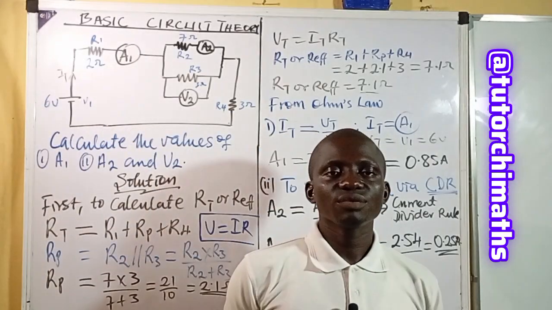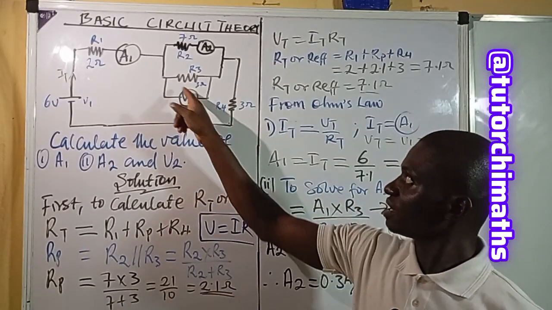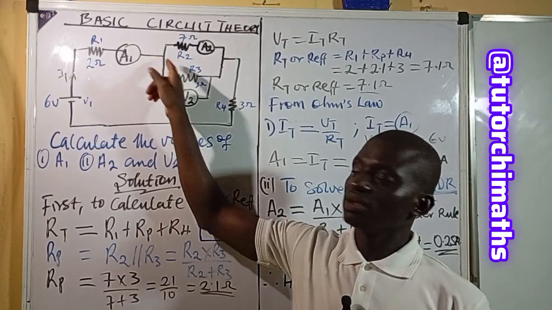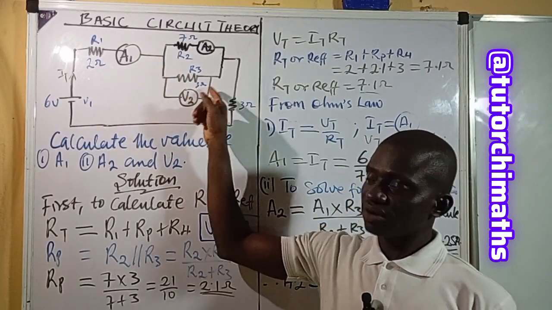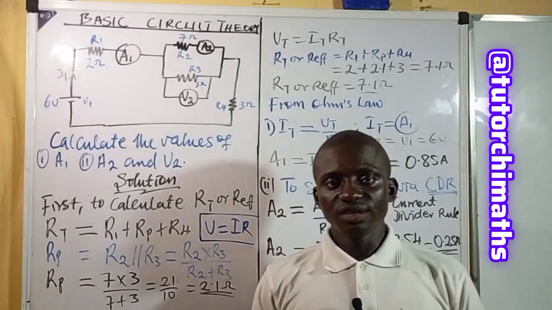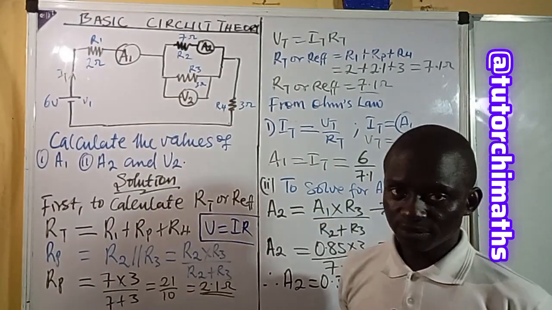Good. Now let's calculate the voltage drop across R3. We can use KCL to calculate the current. First, we have to calculate the current flowing through this branch. We can use KCL because this is a node. From there, we'll multiply it with the resistor to get the voltage drop across this place.